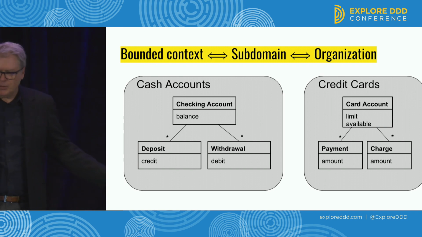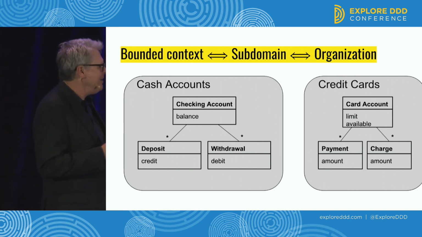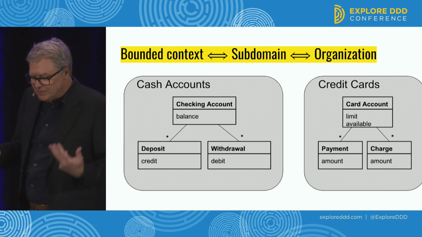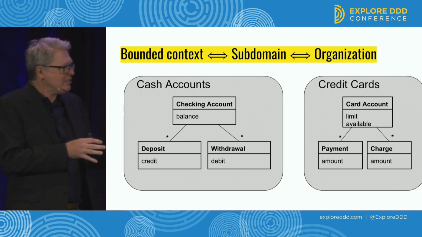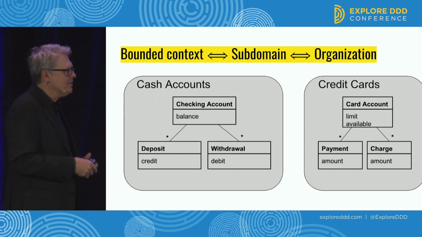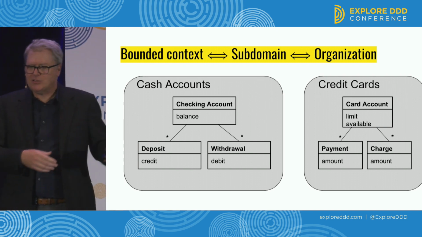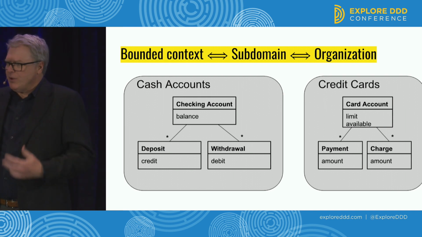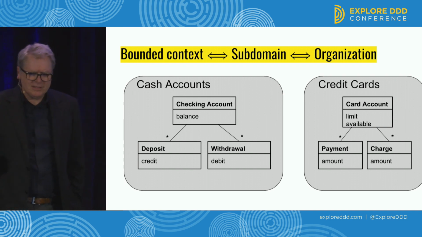So here's an example. Some kind of business, a bank, a very simple bank. And they've always had two groups within that bank. They deal with cash accounts, like checking accounts, where you pay for things out of cash on hand. And they have credit accounts, credit cards. All right. Everything's lined up.